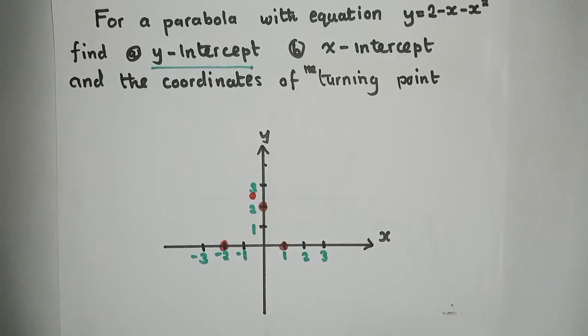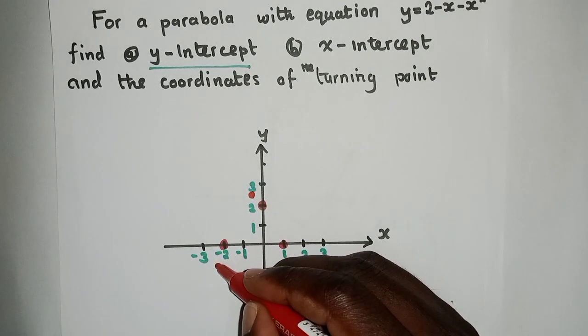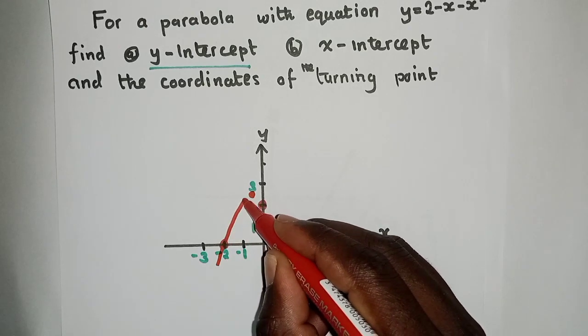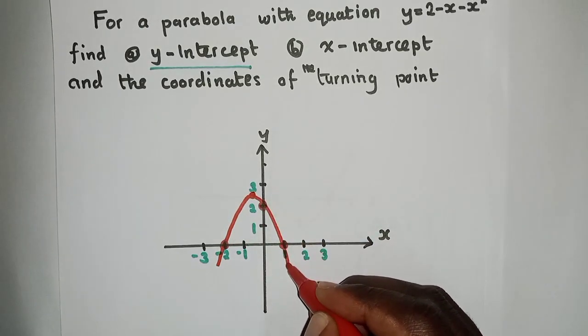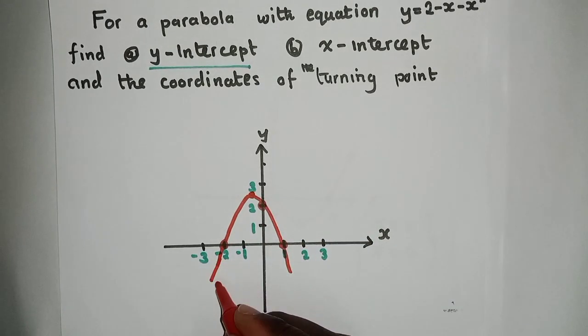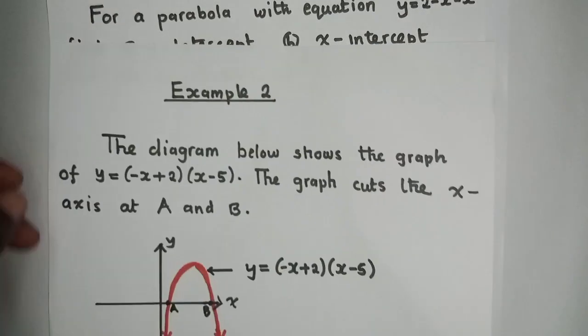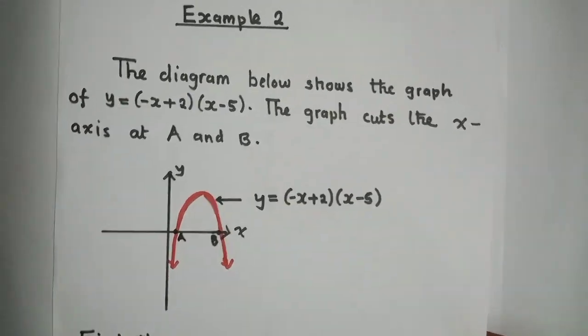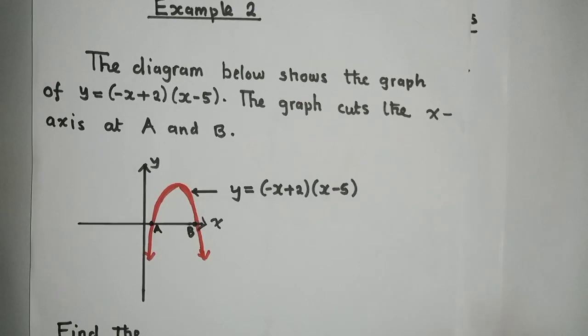This is where the point is. So we can join these points. We have a graph which looks like that. So this is our graph. So example number 2 right here. Hopefully you're able to see.